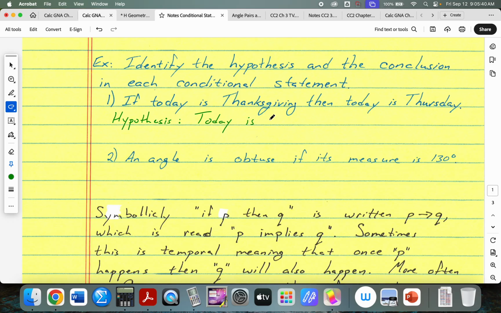Today is Thanksgiving. The conclusion is the part after the then. Today is Thursday.